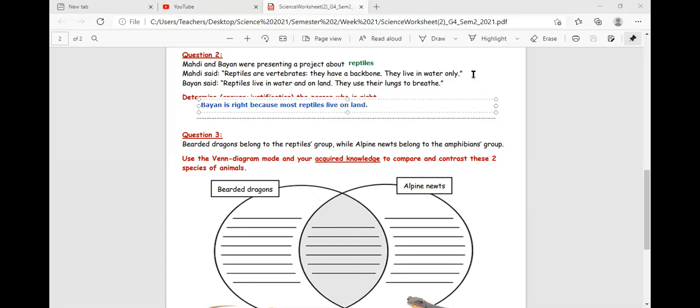Excellent, while few live in water. Excellent answer. We cannot say that reptiles live in water only. This is not right. So Bayan is right. Reptiles live in water and on land, and they use their lungs to breathe. So she said nothing wrong.